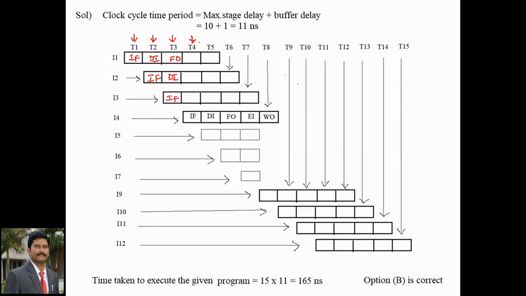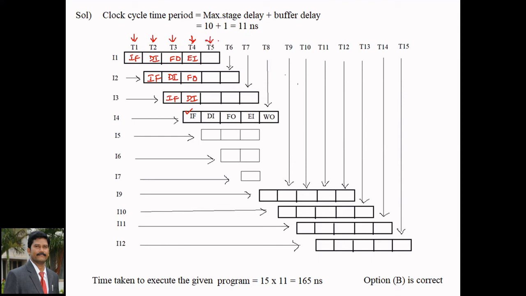At time T4, I1 enters into the EA stage, and FO is free, that's why I2 enters into the FO stage, and DI is free here, so I3 enters into the DI stage. And at the same time IF is free, so I4 enters into the IF stage.